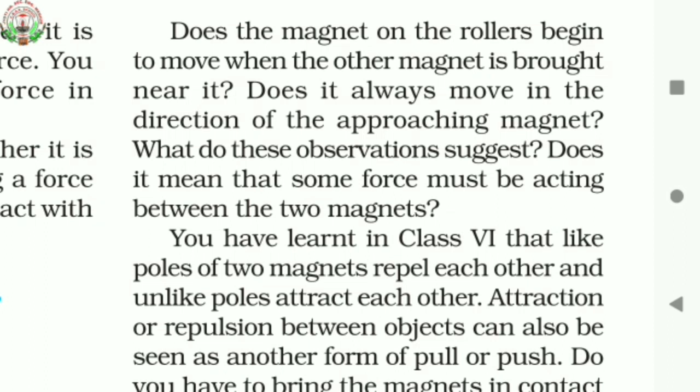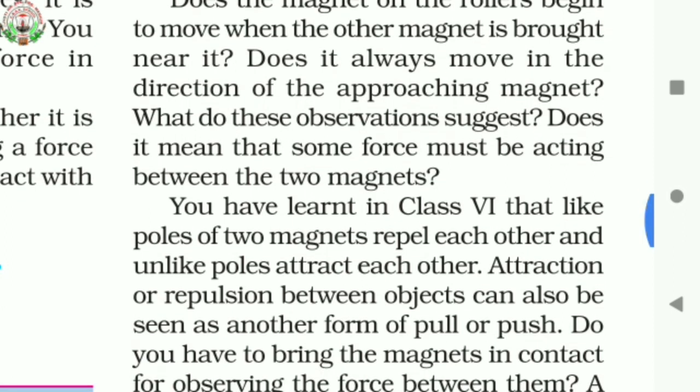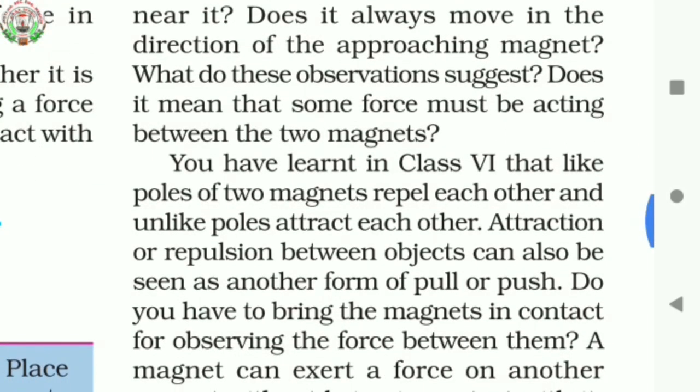Yes. As I told you, like poles of two magnets repel each other and unlike poles attract each other. So here attraction or repulsion between them can also be seen as another form of pull or push.